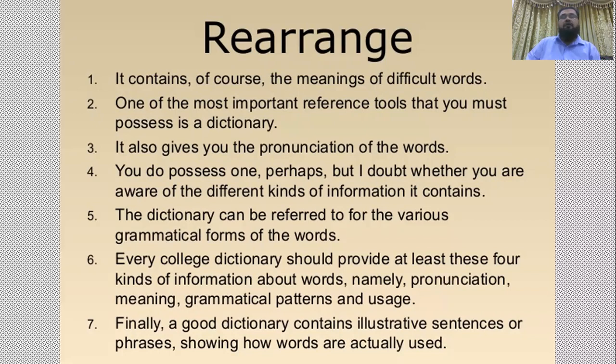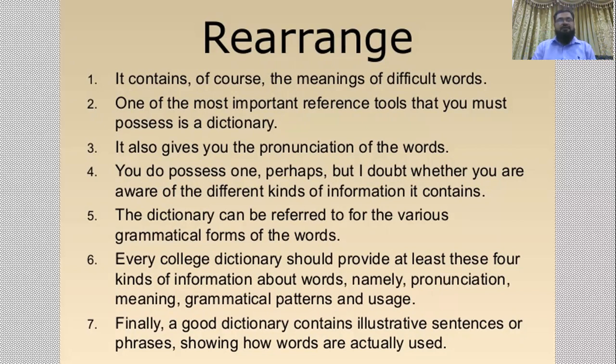Now see, it contains, of course, the meaning of difficult words. Number 2, one of the most important reference tools that you must possess is a dictionary. It also gives you the pronunciation of the words. You do possess one, but I doubt whether you are aware of the different kinds of information it contains. The dictionary can be referred to for the various grammatical forms of the words.